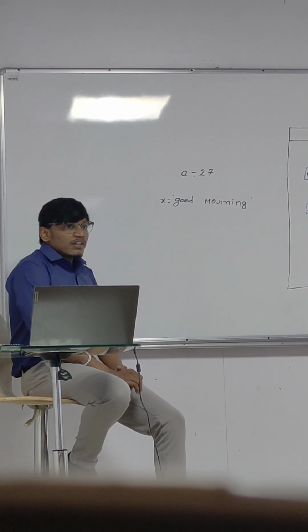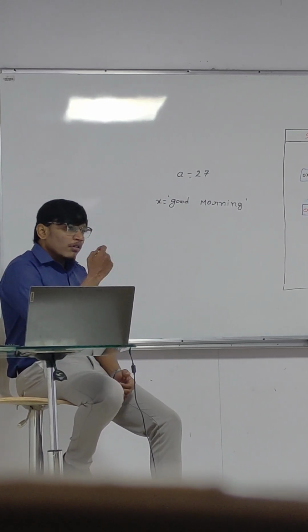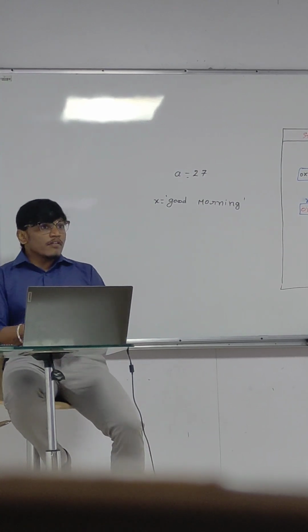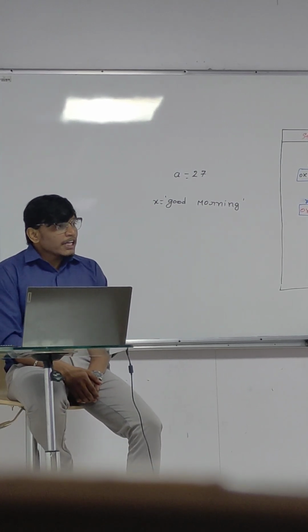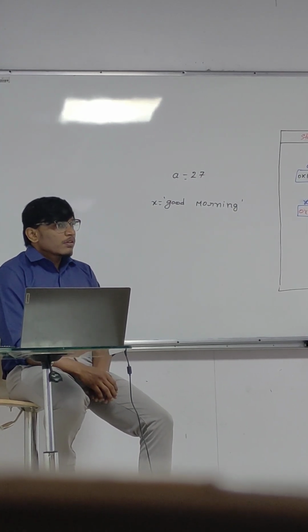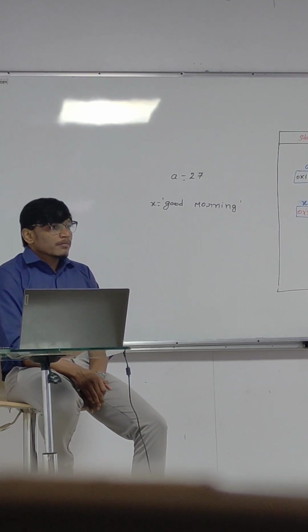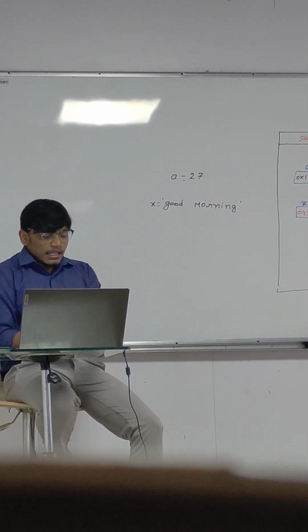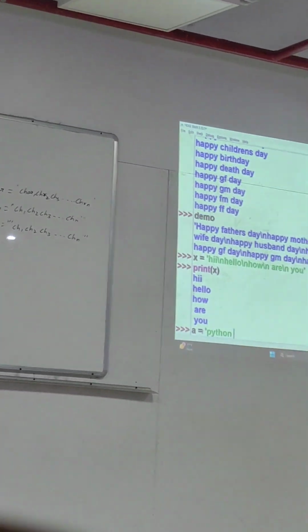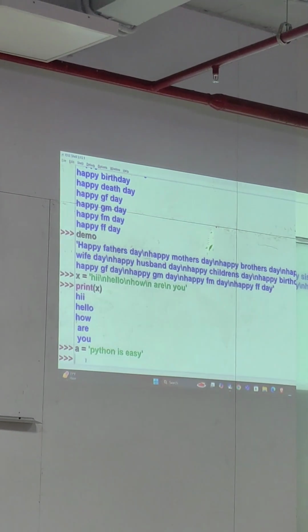So, sir, I have saved one string, and from that string I want to access one individual character. I have stored multiple characters in a variable, but I need to access only one character. Then what will I do? I will make use of the indexing concept. For example, I have A is equal to Python is, that is the string I have.